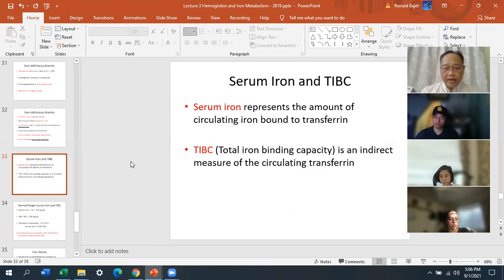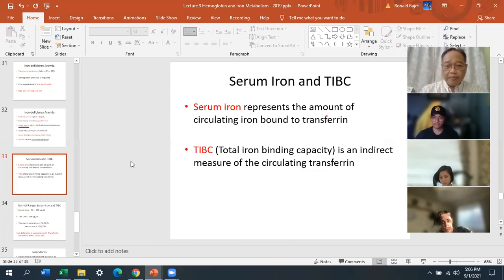So serum iron and TIBC are related. Serum iron will represent the amount of circulating iron bound to transferrin. The total iron binding capacity is an indirect measurement of circulating transferrin.